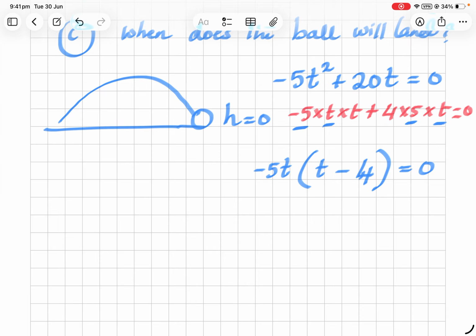Now this is called the null factor law, or in other words, you can remember NFL. Your null means 0. What is my law saying?